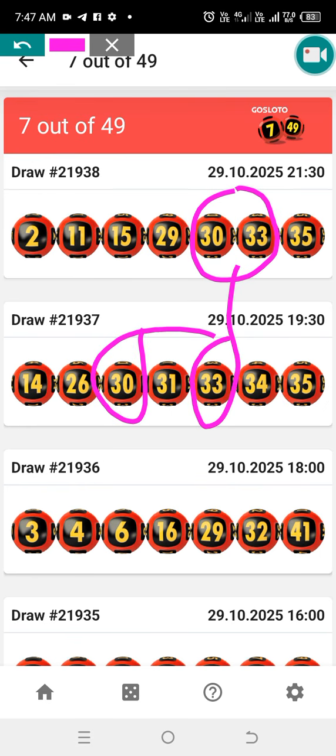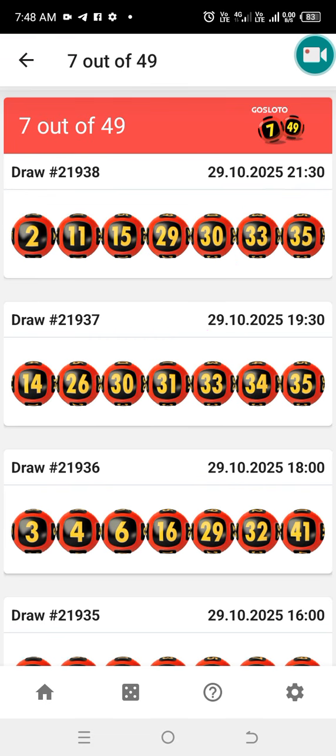What does it mean? 30, 33 twice. This can give us a 3. Then if they bring a 3, they can bring it to 16 or 19. Because the 3 is moving with them.